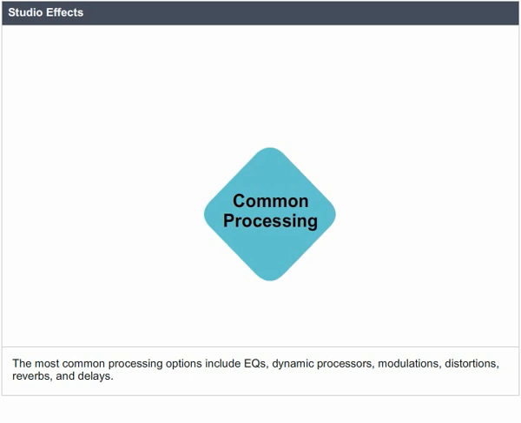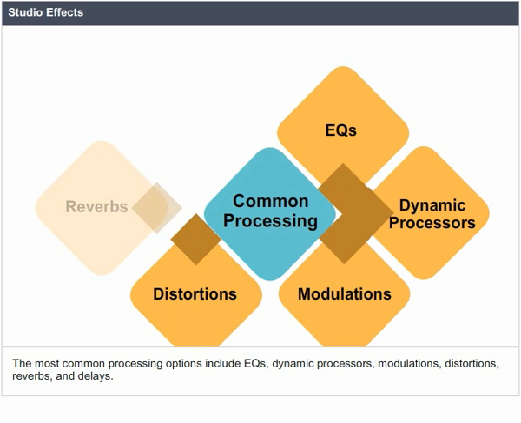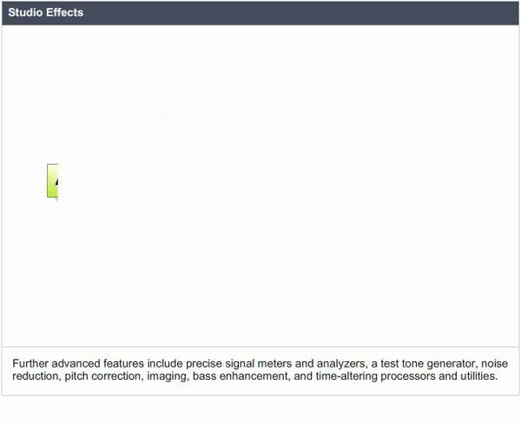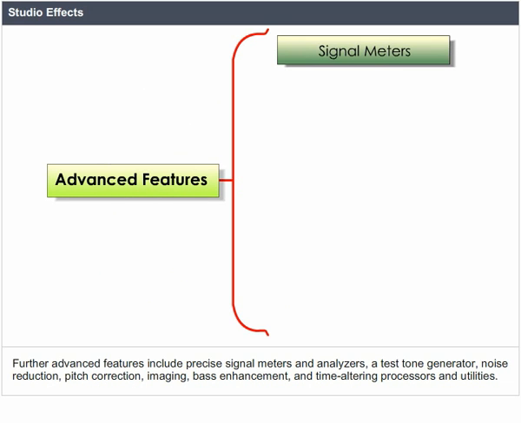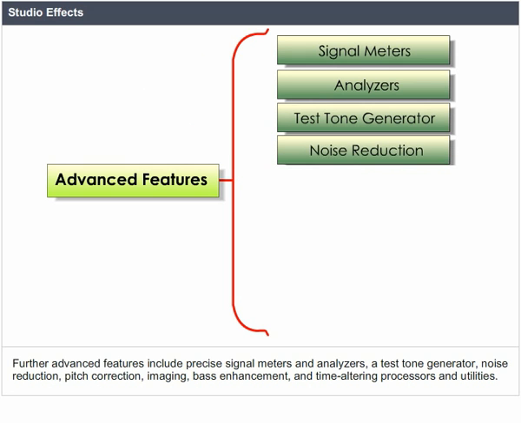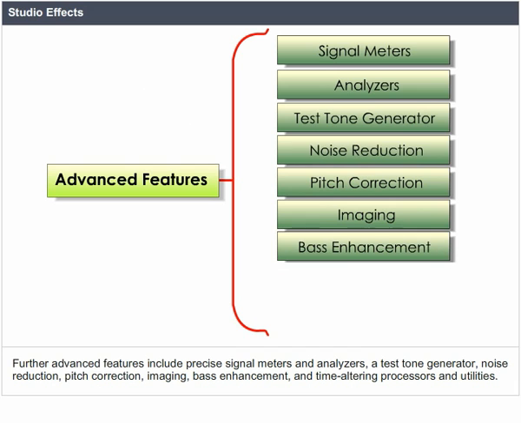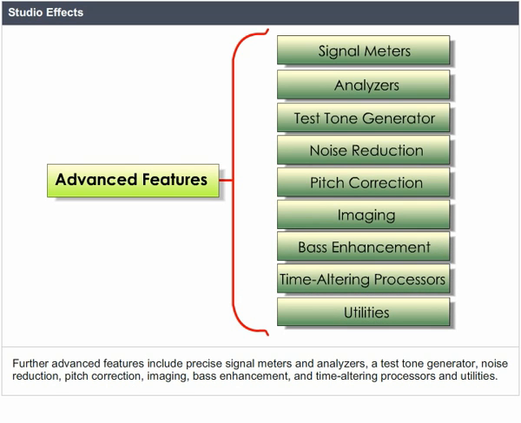The most common processing options include EQs, dynamic processors, modulations, distortions, reverbs, and delays. Further advanced features include precise signal meters and analyzers, a test tone generator, noise reduction, pitch correction, imaging, bass enhancement, and time-altering processors and utilities.